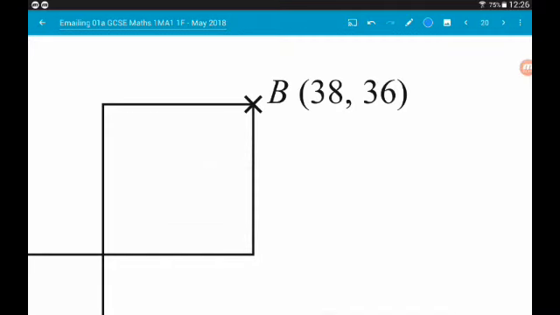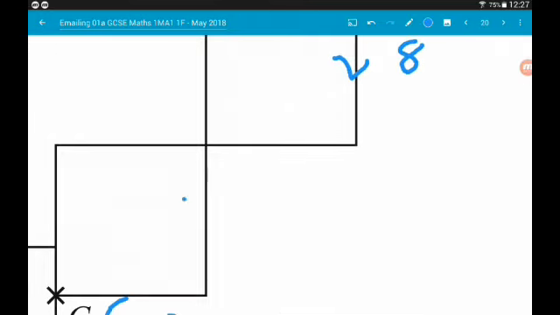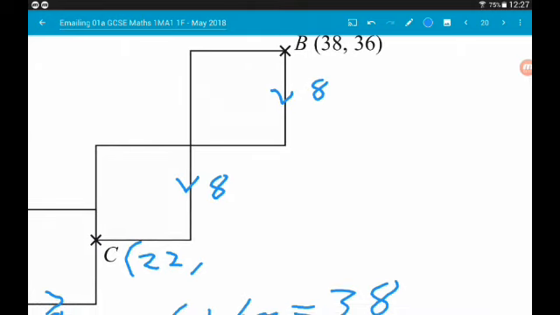Well, we are going down by 8 and then down by 8 again. So the y coordinate of C is 36 minus 8 minus 8. So 36 minus 16 gives us 20. So the coordinates are 22, 20. Tricky.